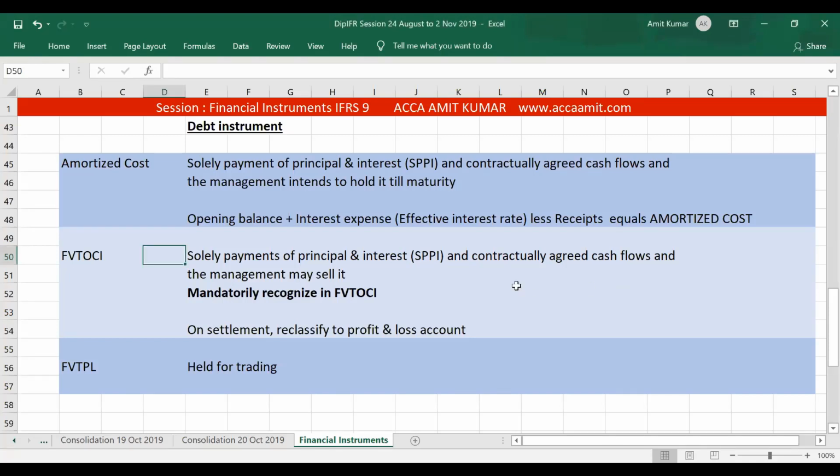This is being remeasured at the end of each year, the difference we are taking to OCI.